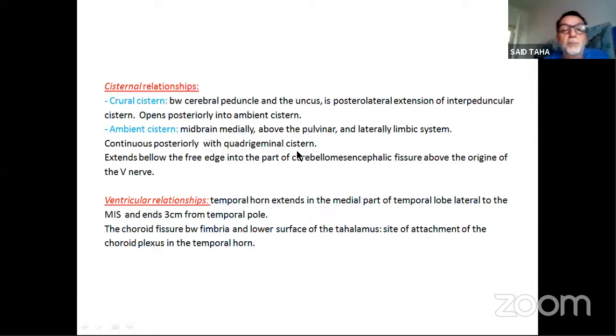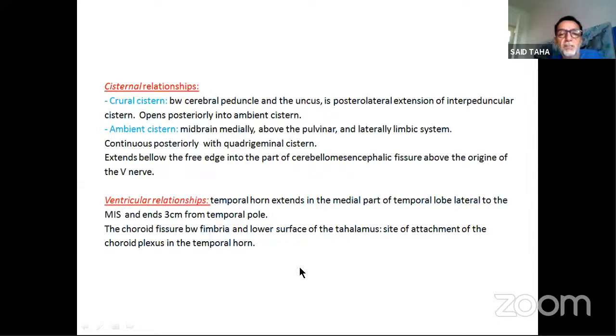It continues posteriorly with the quadrigeminal cistern. Some authors consider this middle incisural space as the ambient cistern, because there is no membrane separating the crural and ambient cisterns.